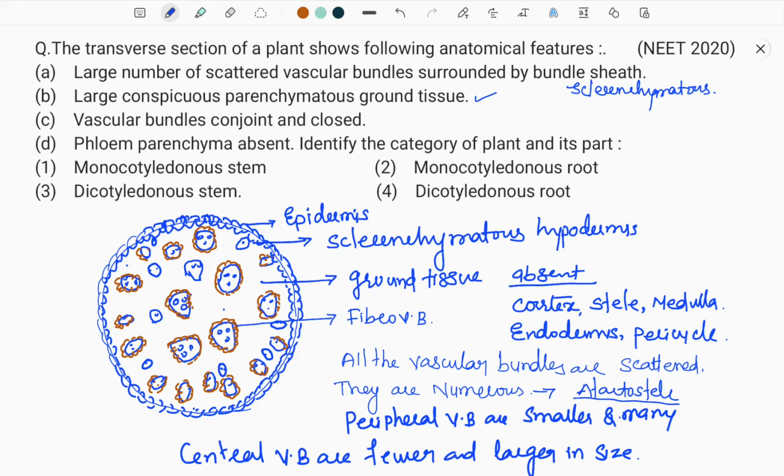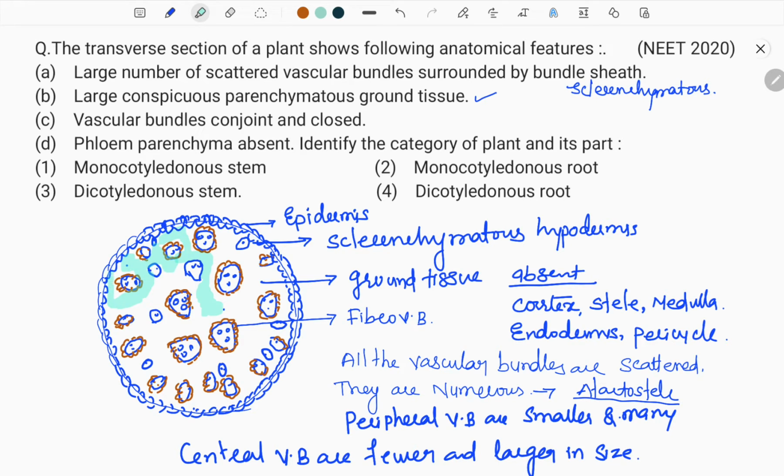I mean, hypodermis is there, of course, but thereafter cortex, endodermis, pericycle, stele, medulla and medullary rays are all absent. Instead, the ground tissue is present in between.